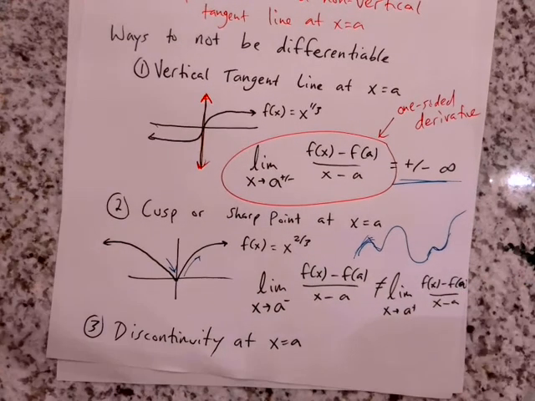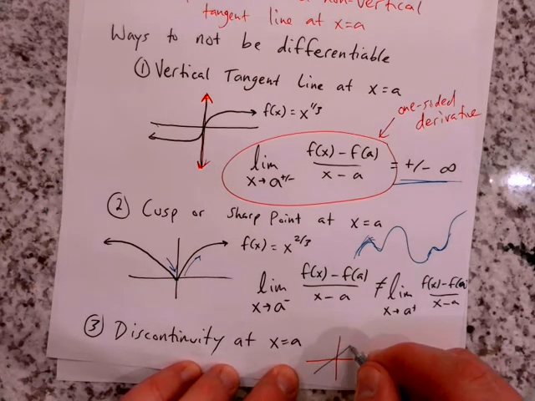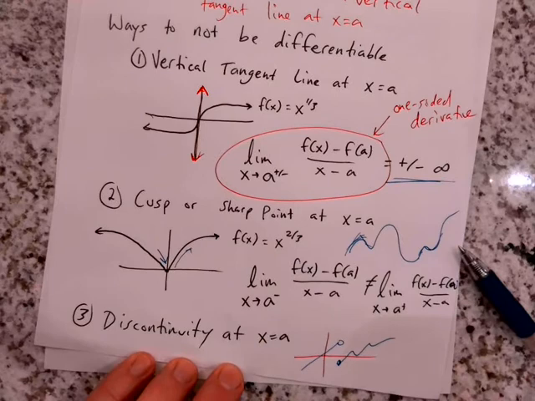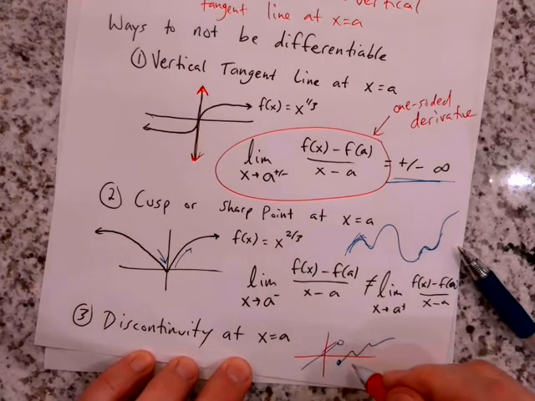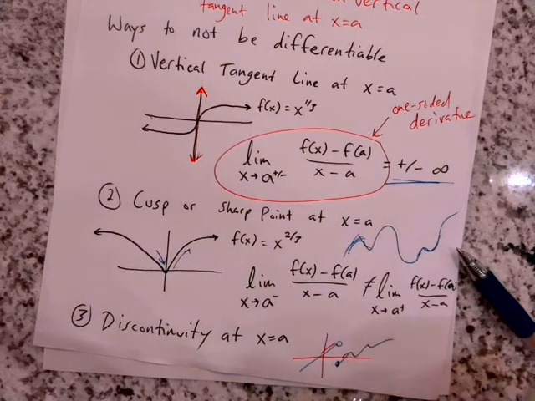The third way to lose differentiability is if you lose continuity at the point. For example, a piecewise function might do this. Let's take into account this piecewise function right here. So it's a piecewise function, and even if the left-hand slope is the same as the right-hand slope, the fact that you lose continuity is enough to lose differentiability.